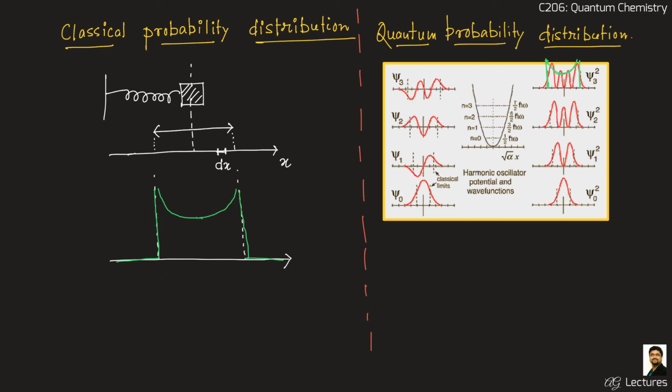So what does it mean? As we increase the quantum number n from 0, 1, 2, 3, 4, if we go to really, really high, it will actually mimic pretty much the classical picture.